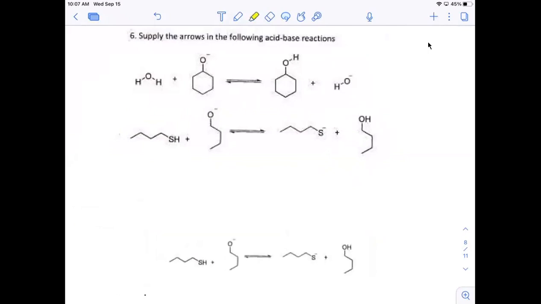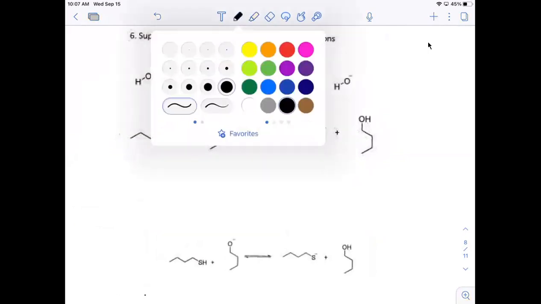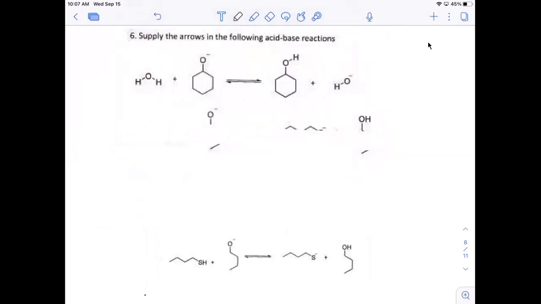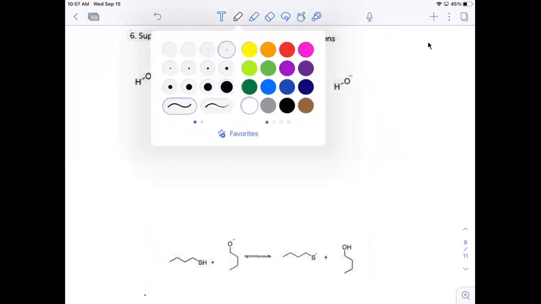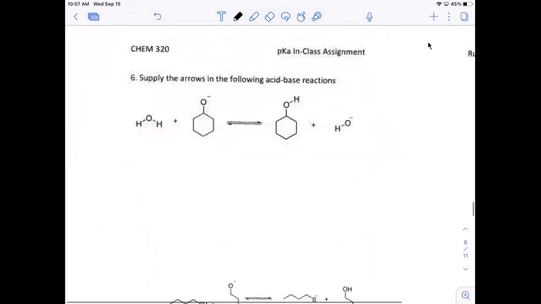That way we can have some room to work. All right. So it says in this example, let me put the date up here real quick. Today's the 15th. All right. So it says apply the arrows in the following acid-base reactions.